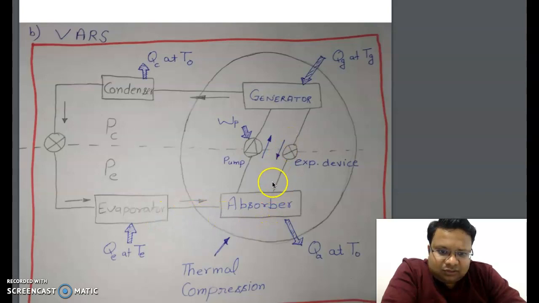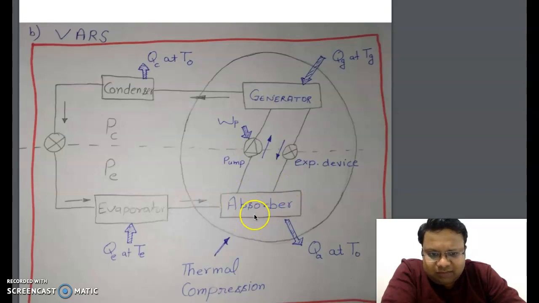So when the weak solution is coming, that means in this weak solution very little refrigerant is there, and it has more affinity to extract the vapor refrigerant. So when the weak solution comes here, it will absorb the refrigerant which is coming out of the evaporator, and we all know that absorption is an exothermic process.